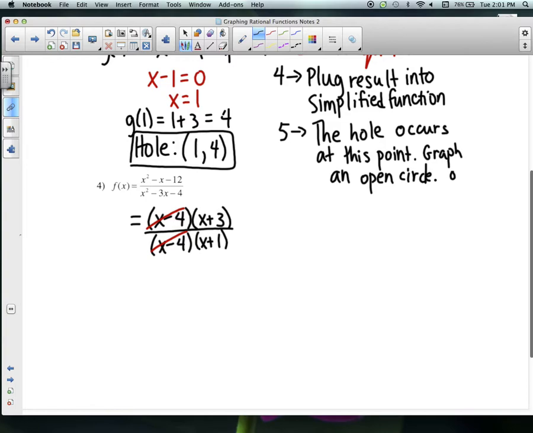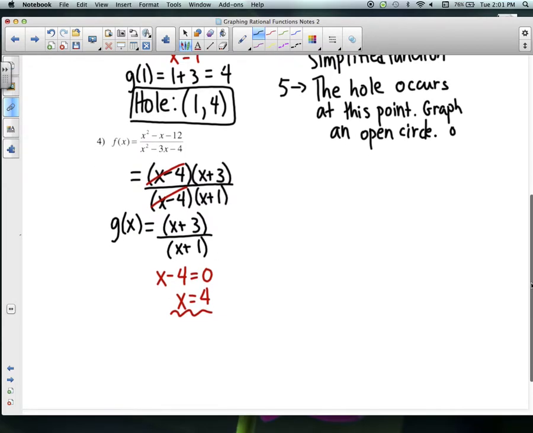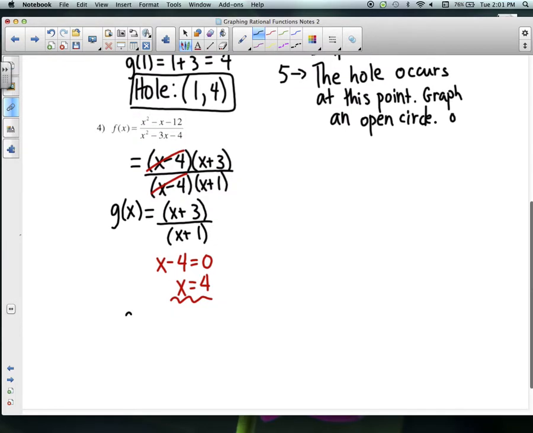We're going to write a simplified function because we need that to plug back into. So in this case, our hole is occurring at the point 4 comma 7 over 5.